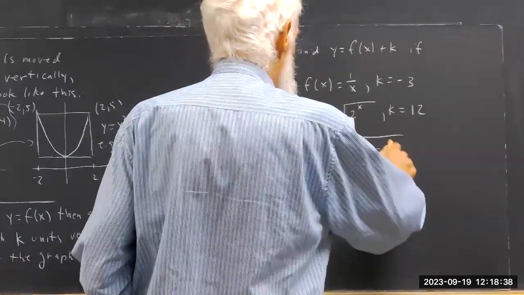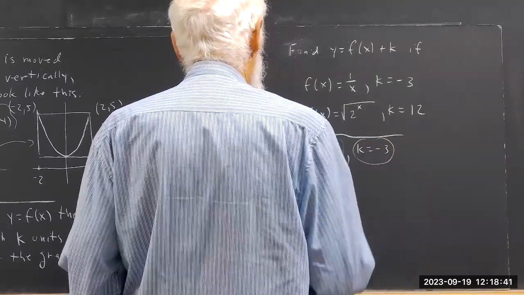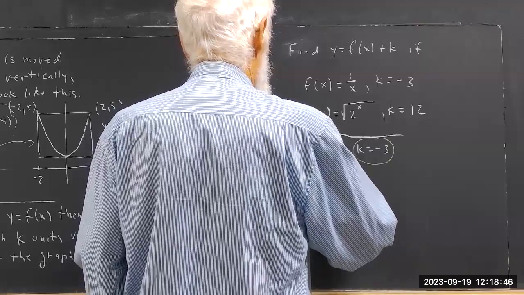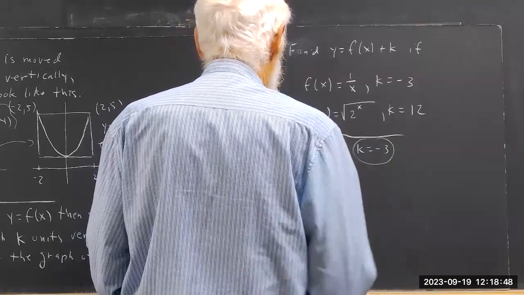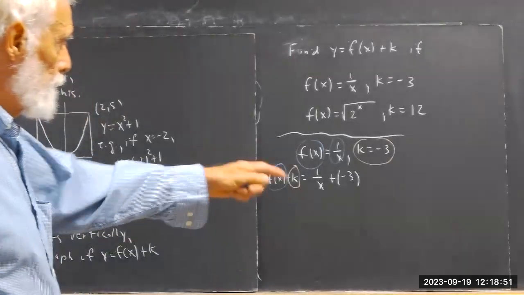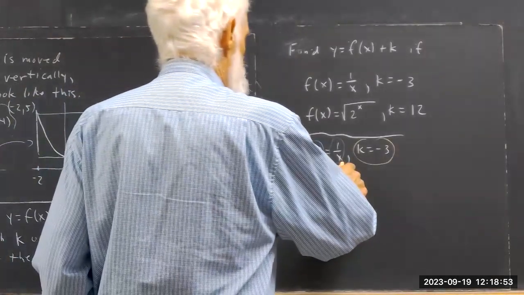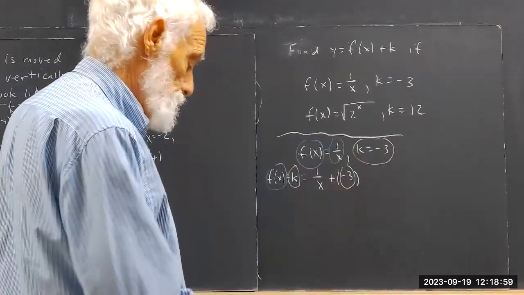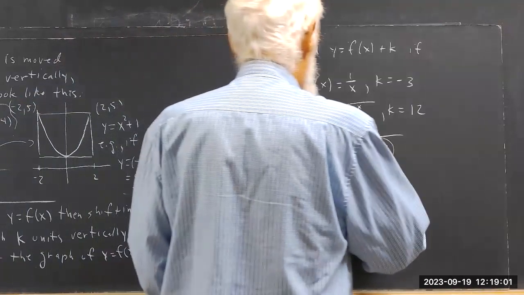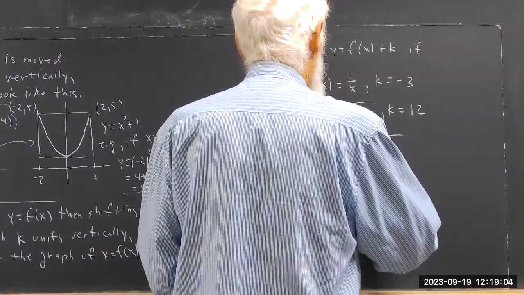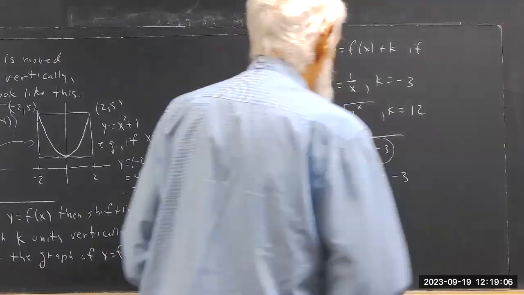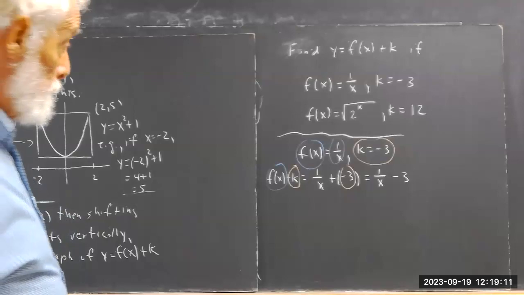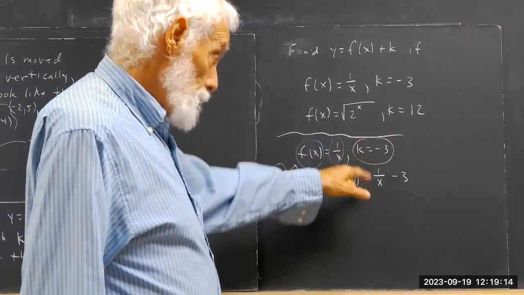K is -3. So you write out literally plus -3. So I replace k by -3, and that's just 1 over x minus 3. So all you're doing is whatever f of x is, you're doing plus k.